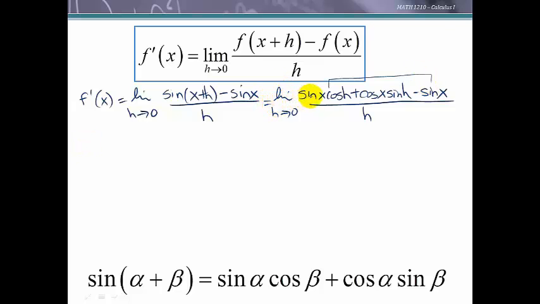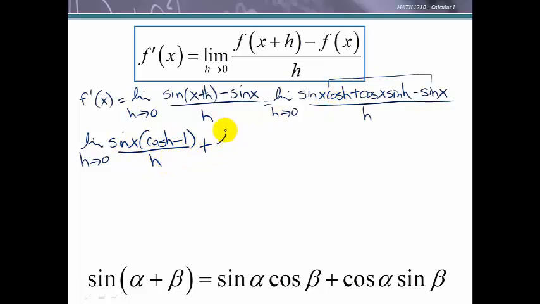We are going to factor a sine x out of these two terms, and we have the limit of a sum, and we can write the sum of the limits. So we're going to have the limit as h approaches 0, factoring the sine x out of the two terms where it was in common. We're left with cosine h minus 1, and that is over h.